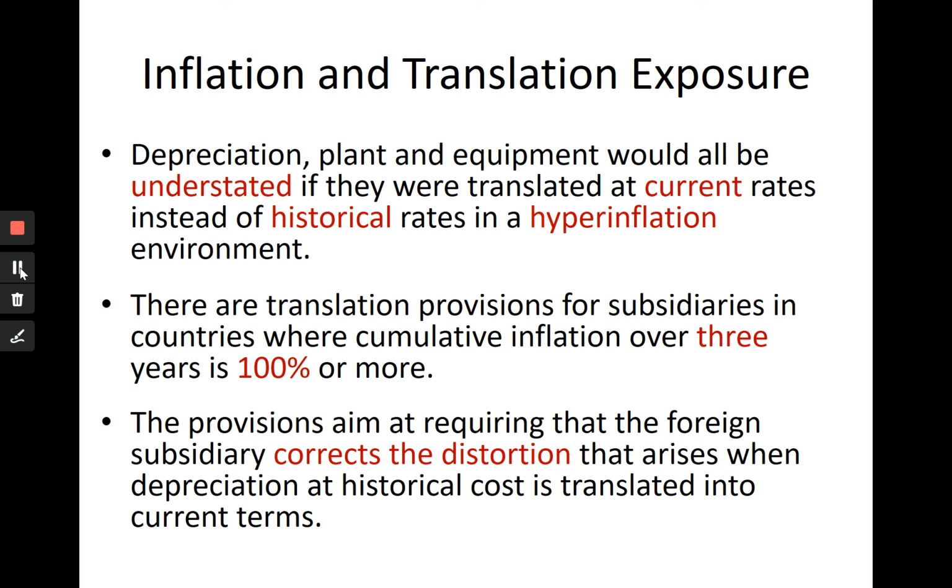If we just use the current exchange rate to report the value of something that was purchased a few years back, for example, a computer system was purchased 10 years ago and now their money had gone half price and this thing is not fully depreciated. 10 years is too long.